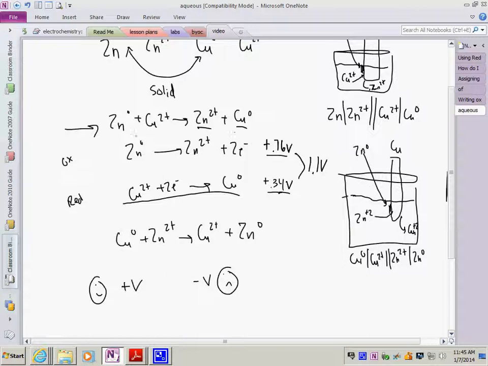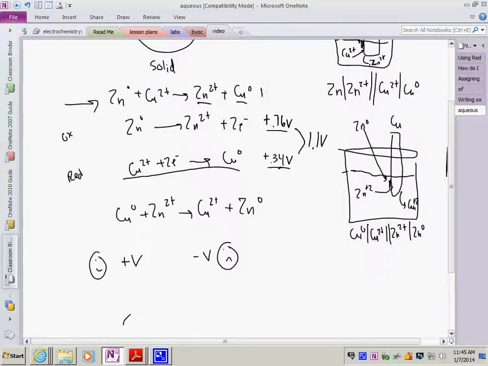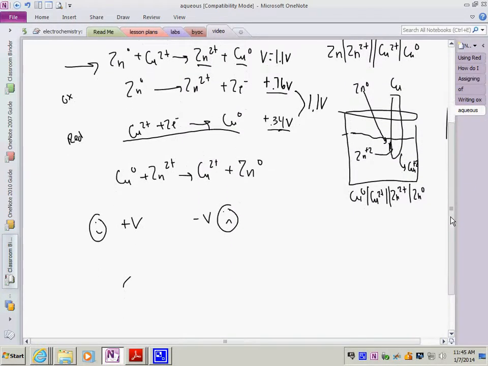That's non-spontaneous. This reaction will give me a voltage of 1.1 volts, but the reverse reaction, which is zinc 2+ plus copper metal, that's this bottom picture, yielding zinc metal plus copper 2+ ions. Again, it would have half reactions: a negative 0.76 volts and a negative 0.34 volts, giving me a negative 1.1 voltage.